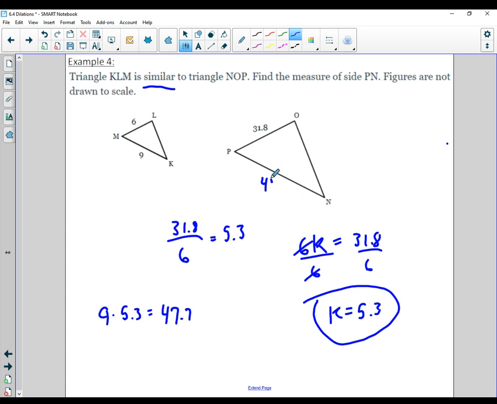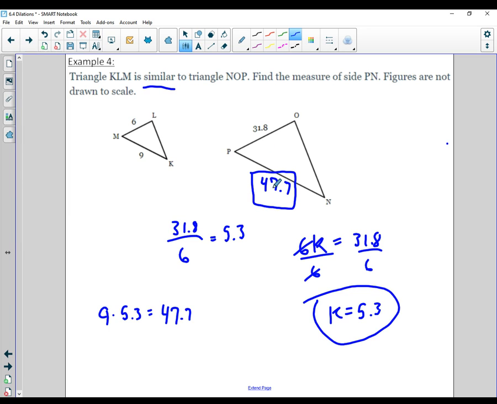And so this side length is 47.7. And again, that makes sense, right? Because they should be proportional. 6 is smaller than 9, 31.8 is smaller than 47.7. A good sign we did it right.